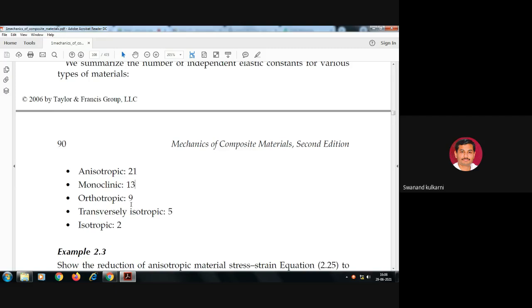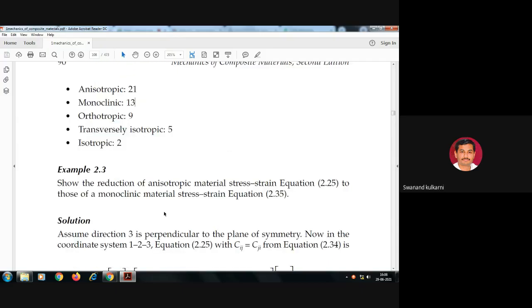So there are different theories, such as first order theories and higher order shear deformation theories. These theories are required in order to establish the relationship between stresses and strains, because here we are considering anisotropy, non-homogeneity, and sometimes non-linearity also.